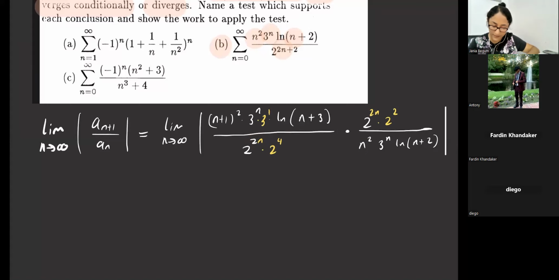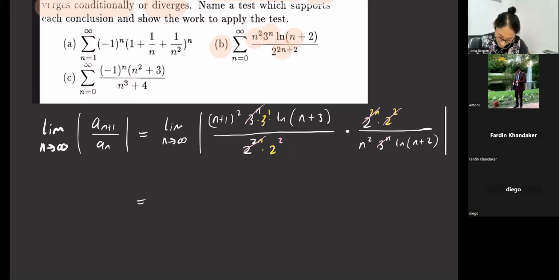Okay, now let's cancel terms. This one will cancel with that, and then this one will cancel with that. Here I can simplify the exponents. So this will cancel, which will leave me with 2 to the second power here. Okay, looks good.